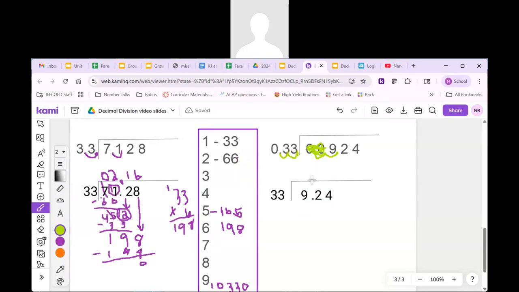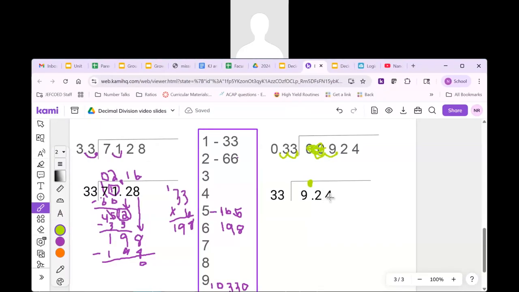Now, look at this problem. The dividend, 9 and a little over 9, is a lot less than the divisor, 33. So that means I cannot get even one group of 33 out of 9 and something, right?